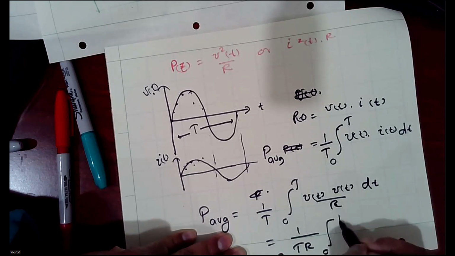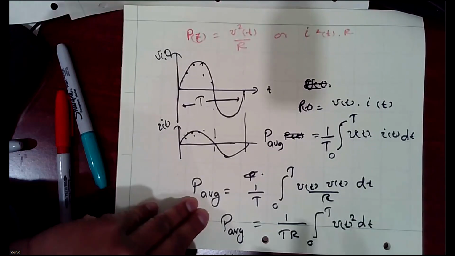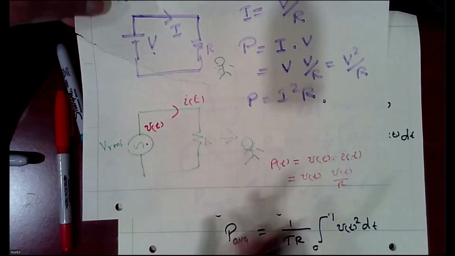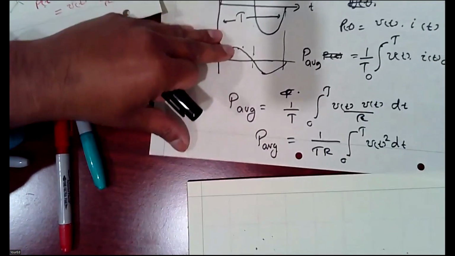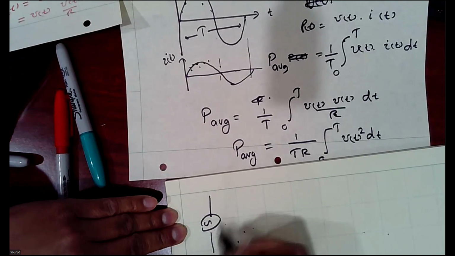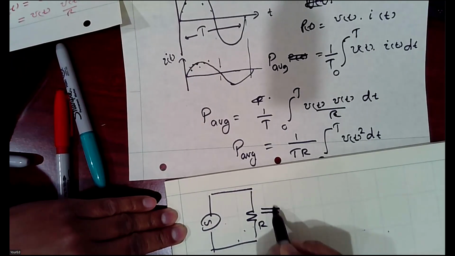So I can take it out, Vt squared dt. So this is my average power. Now this average power, or in front of this resistor, is how much heat I get. Now this average power, you can argue, you get from this AC circuit, you get this average heat from this resistive element.